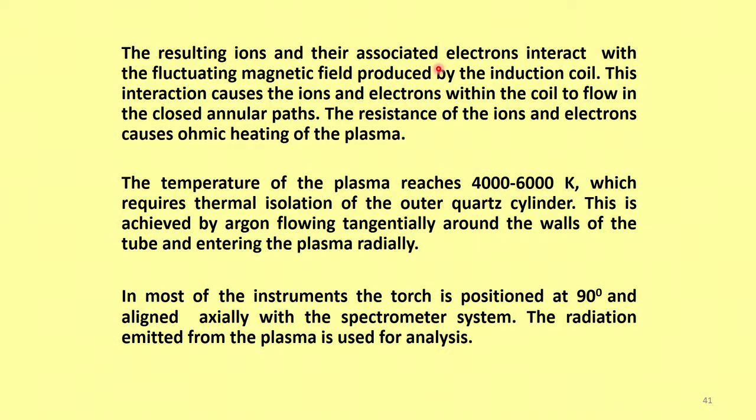So, the resulting ions and their associated electrons interact with the fluctuating magnetic field inside the plasma, and that causes the ions and electrons within the coil to flow in closed annular paths. See, if I have a toroidal space, the electrons and ions will move around inside this space. You are able to see that toroidal space within my hand cup.